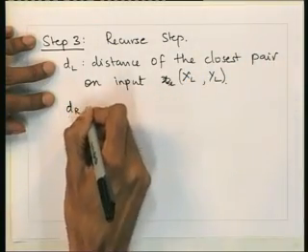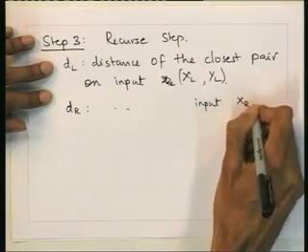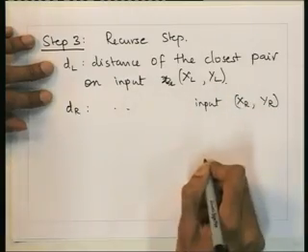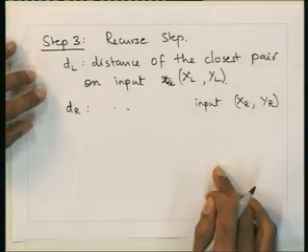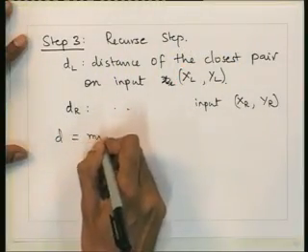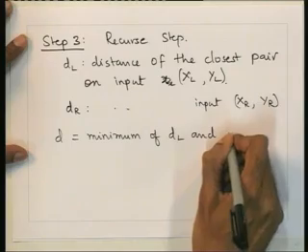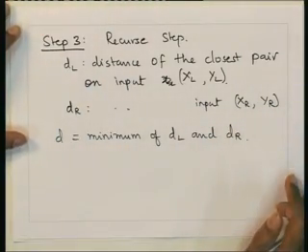Similarly, dr is the distance of the closest pair on input XR, YR. On the right hand side it is dr, the one on the left hand side is dl. Now you look at these two distances, dl and dr, and compute d as the minimum of dl and dr.